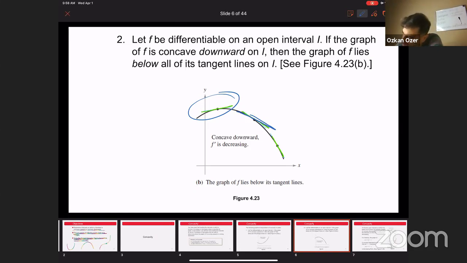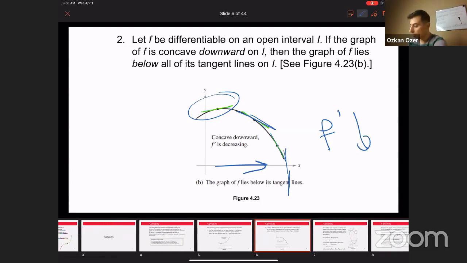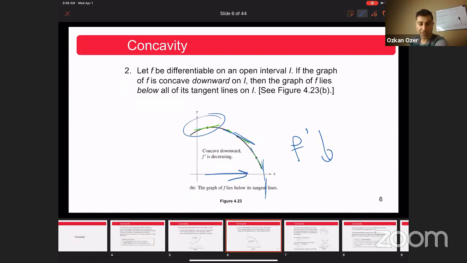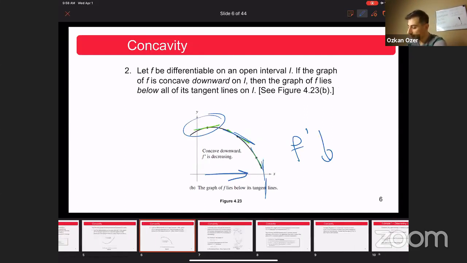And f prime is even getting more negative because the tangent line gets steeper as you move in this direction for x's. So that is concave down behavior, where f prime is decreasing. So f prime is either increasing or decreasing, to conclude that f is either concave upward or downward on the corresponding intervals.